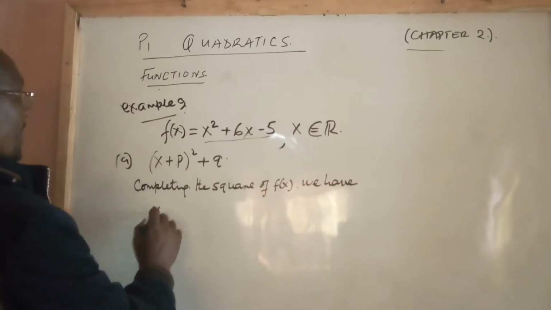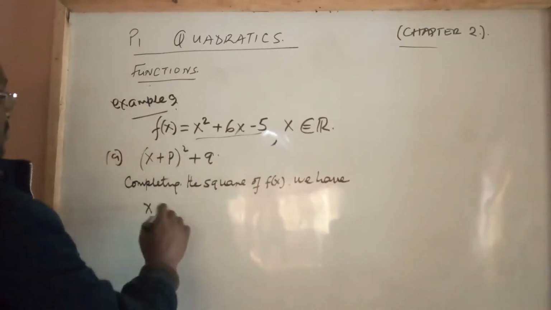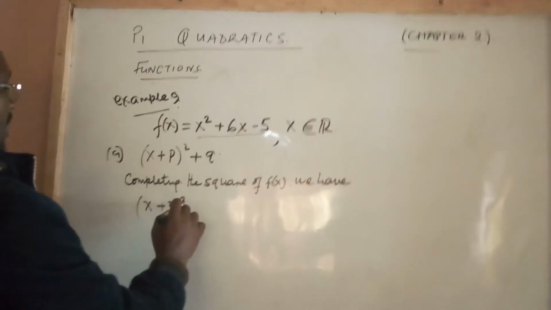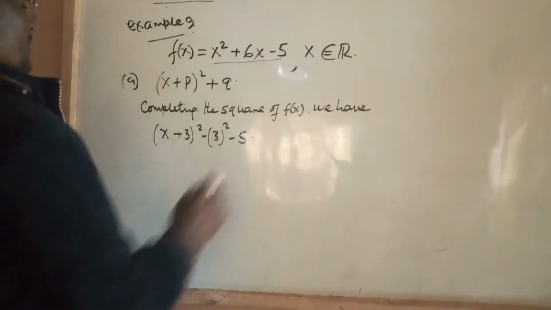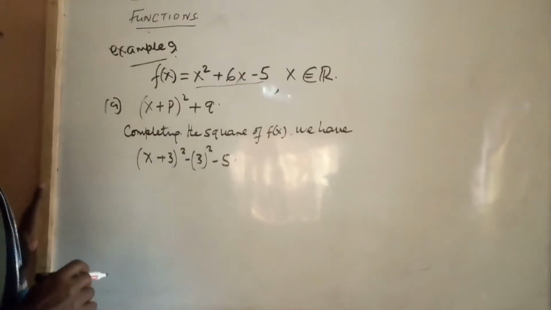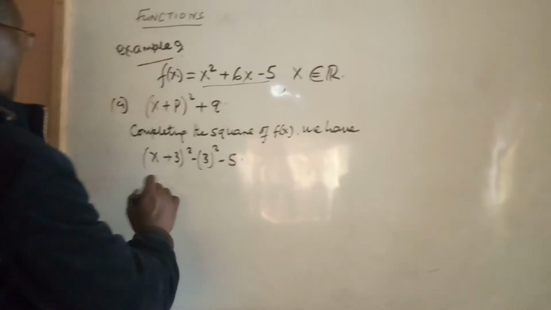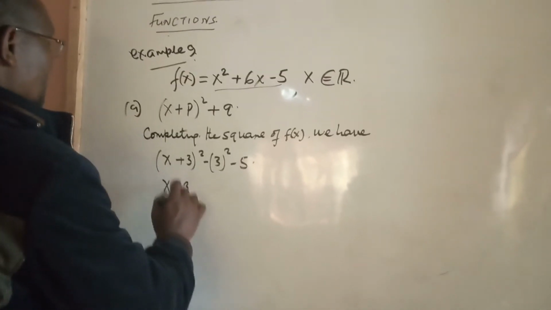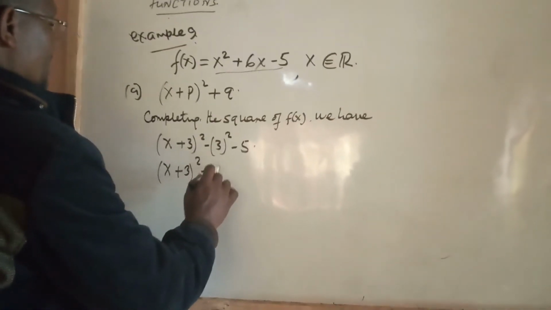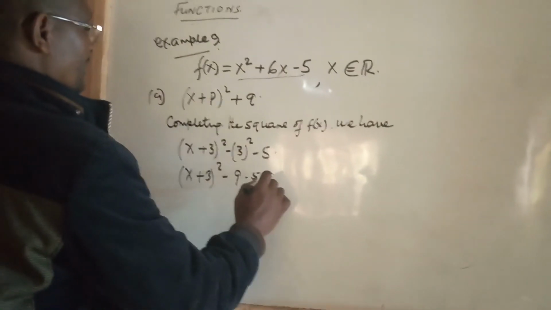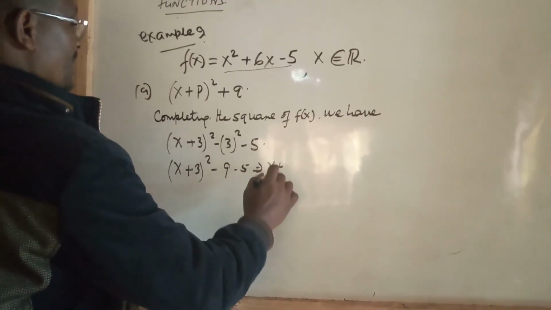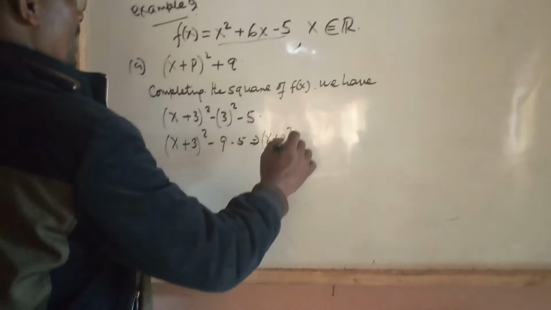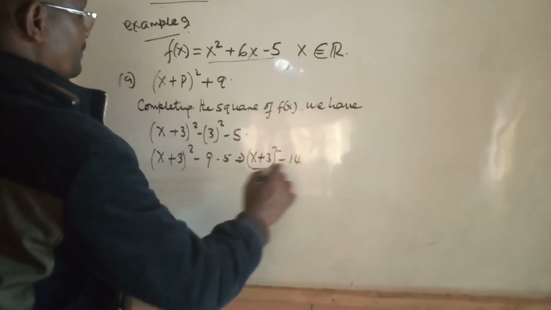something to do with (x plus b over 2), which is (x plus 3) squared minus 3 squared. Of course, 5 appears in its own position. And this gives us (x plus 3) squared minus 9 minus 5. And this gives us a final statement that is (x plus 3) squared minus 14.